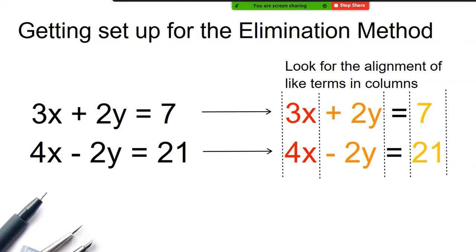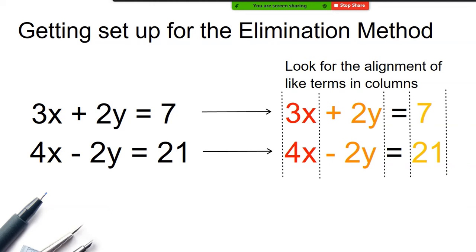But what we are doing is we are looking for the alignment of like terms in columns. Now, I color-coded this to help you see how we are aligning that with our eyes, okay? Because many of you need to begin to see how these terms, whether they are variables or constants, you need to see how you can use them to work together.